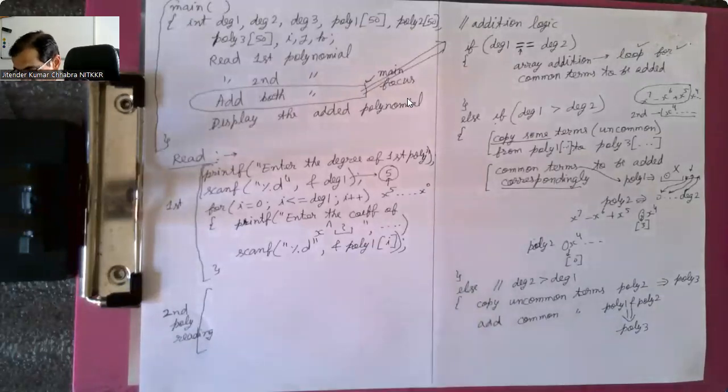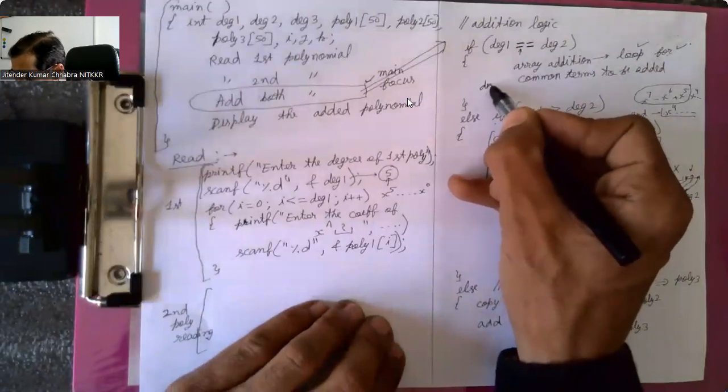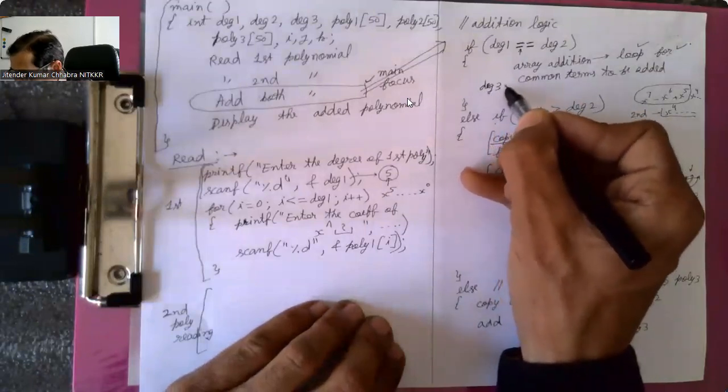Just one more thing: although the program is ready, ultimately I have to display the polynomial also. Displaying will mean all coefficients are to be displayed. How many coefficients exist? As per the degree only. What is the degree of the third polynomial? Have I stored it somewhere? Till now, not. So it will be good practice that I store degree 3 also and generate it based on the statements.